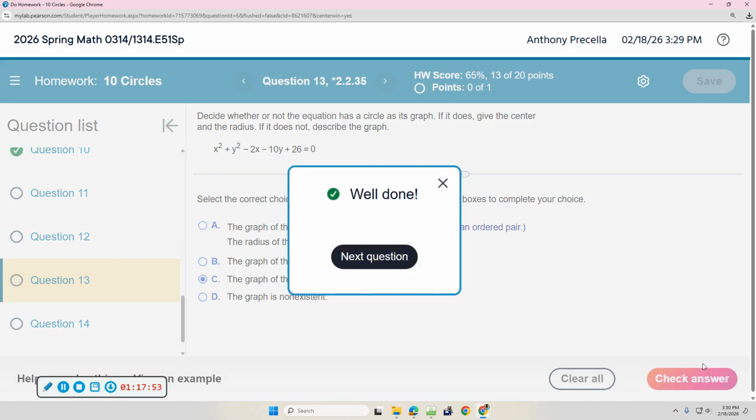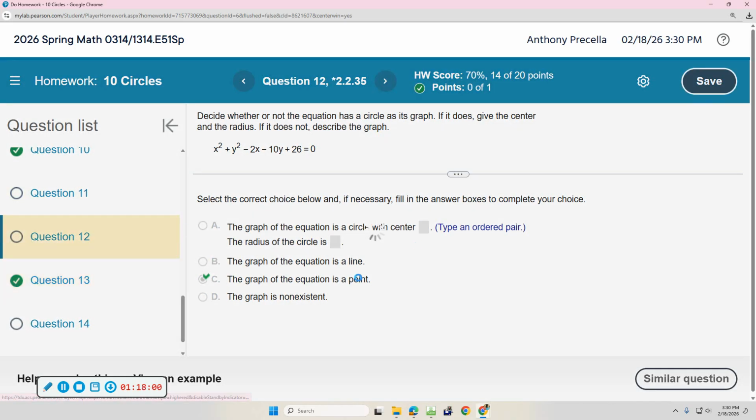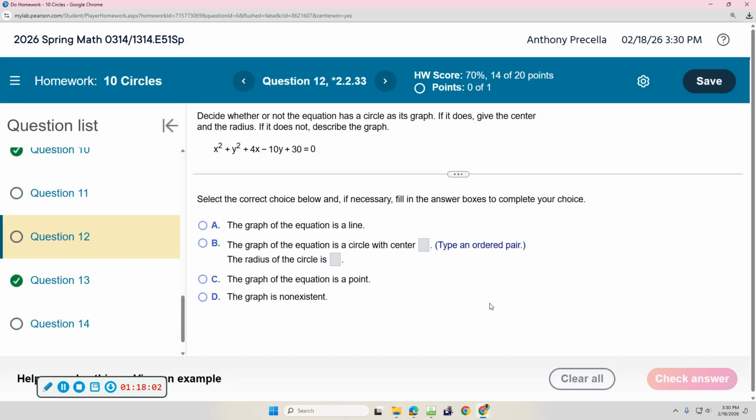If it had asked what point it is, the center point. We can go back to number 12 now. Any questions? How did that problem differ from the ones we've been doing? The radius is just a 0, which means it's just a point.